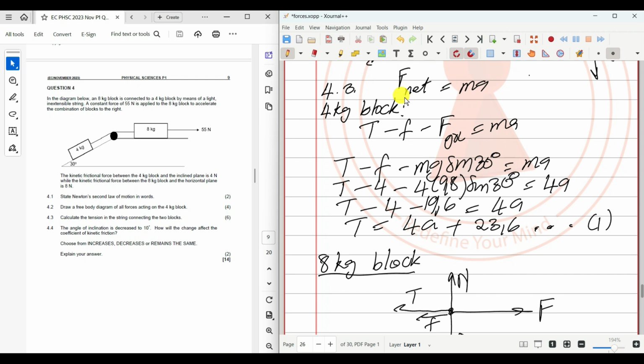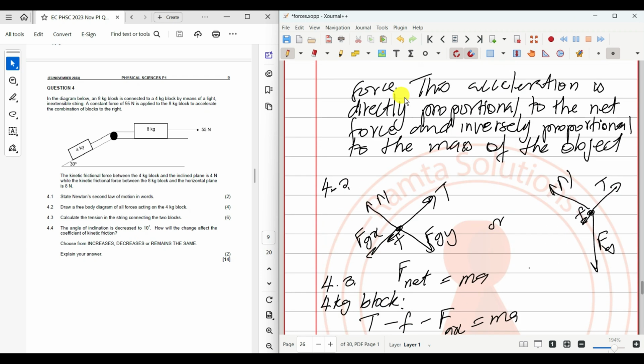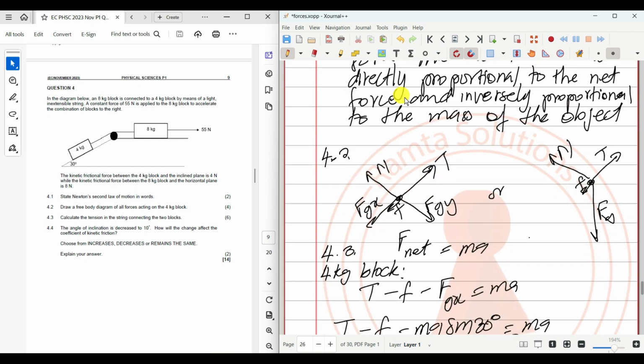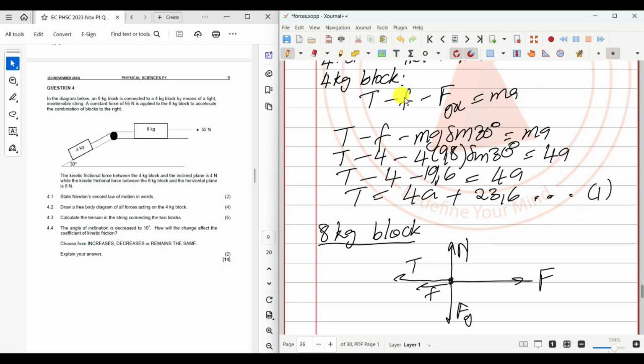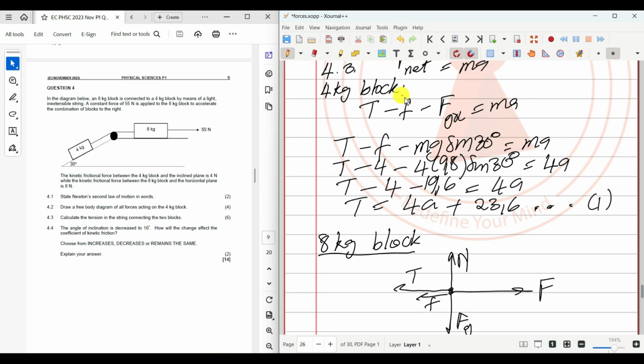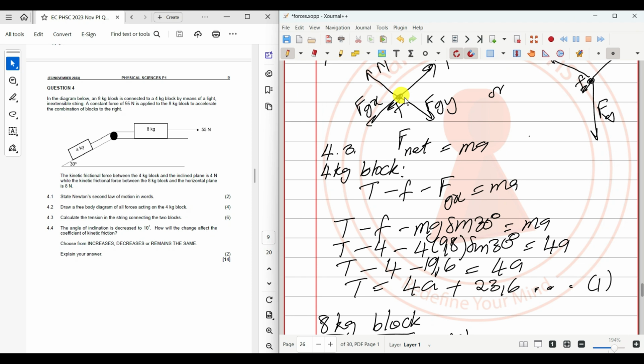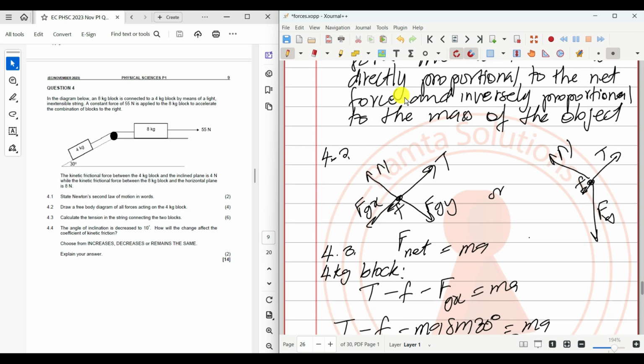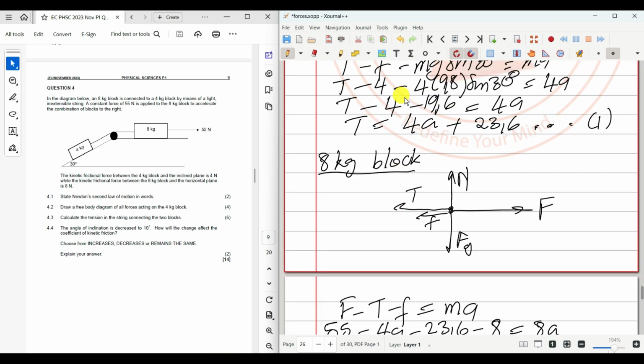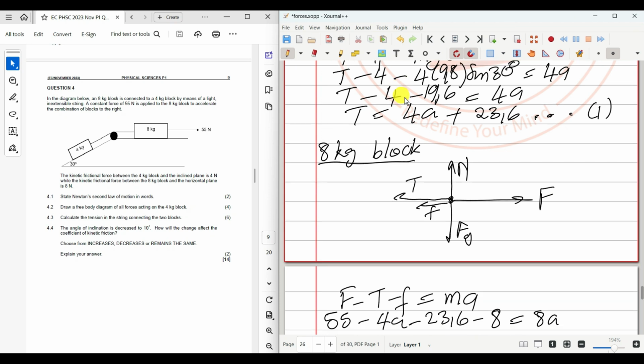Let me see. I want to confirm. I don't want to make any mistakes. So, okay, this is good. There is no mistake so far, isn't it? Please confirm, guys, if there are any mistakes. I don't see any mistakes. Yeah, it's okay. So perfect. So 4a plus 23.6. All right. Let's move on.